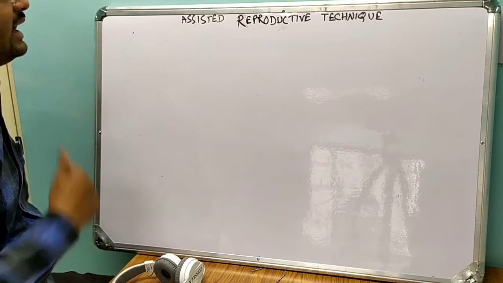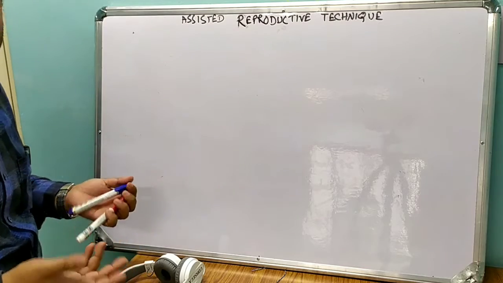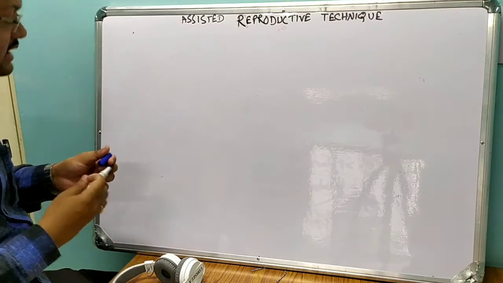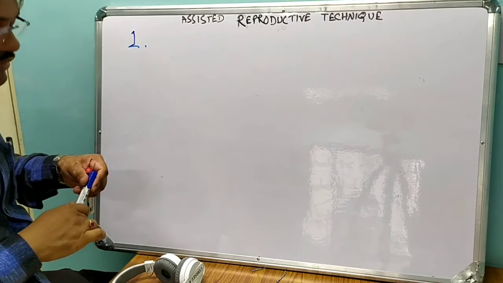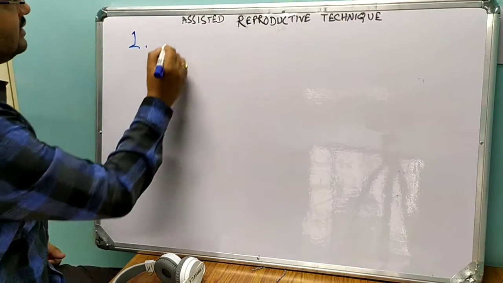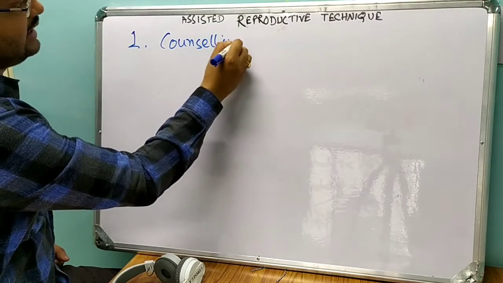Now, how can you assist the person? First of all, what will you do? Always you have to go for number one, counseling.